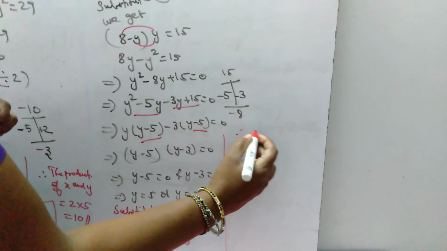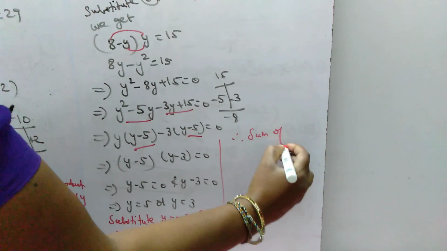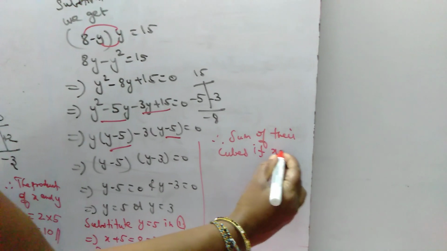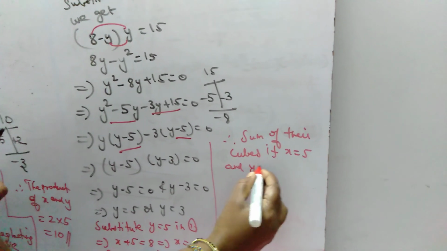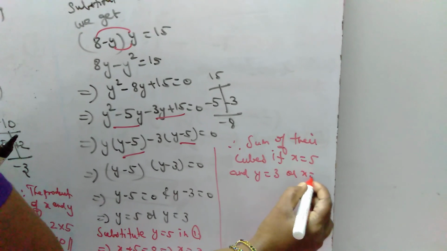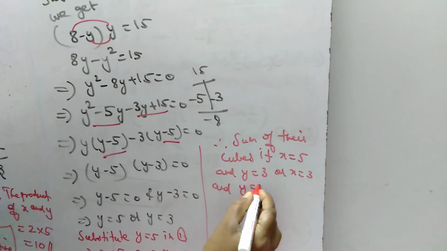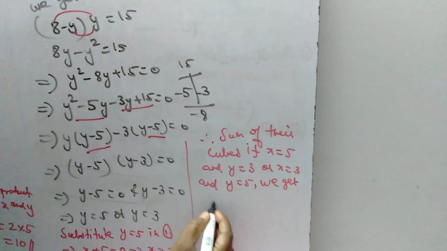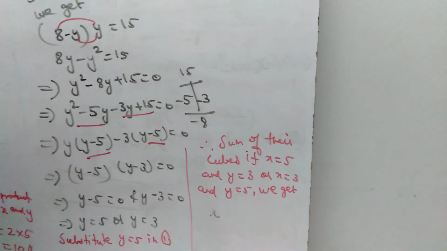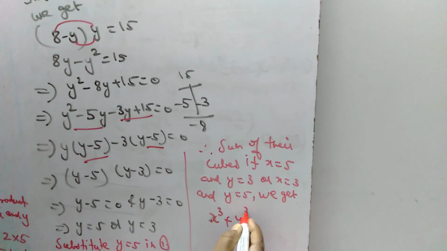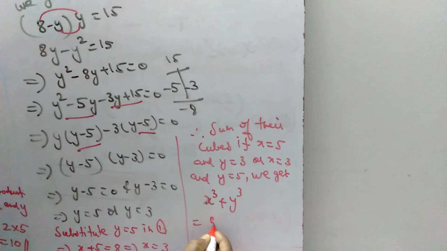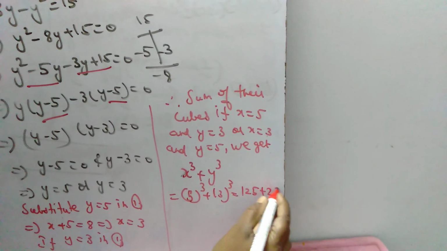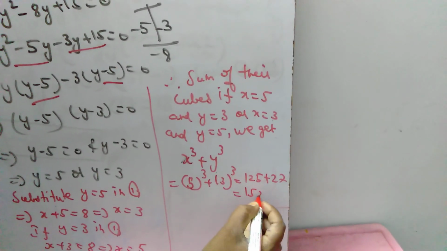So therefore, sum of their cubes, if x is equal to 5 and y is equal to 3 or x is equal to 3 and y is equal to 5, we get x cube plus y cube equals 5 cube plus 3 cube equals 125 plus 27 equals 152.